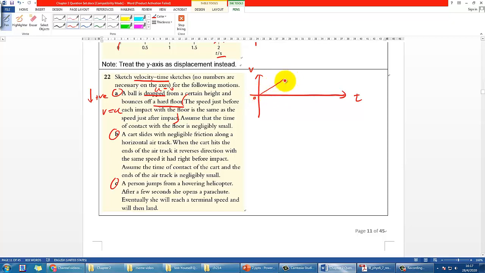And then when it hits the floor, I don't know how far it is, so let's say this is a point where it hits the floor at a certain distance, and then it should bounce back up. And since the question said the speed is the same, but when you bounce back it will be in the opposite direction.